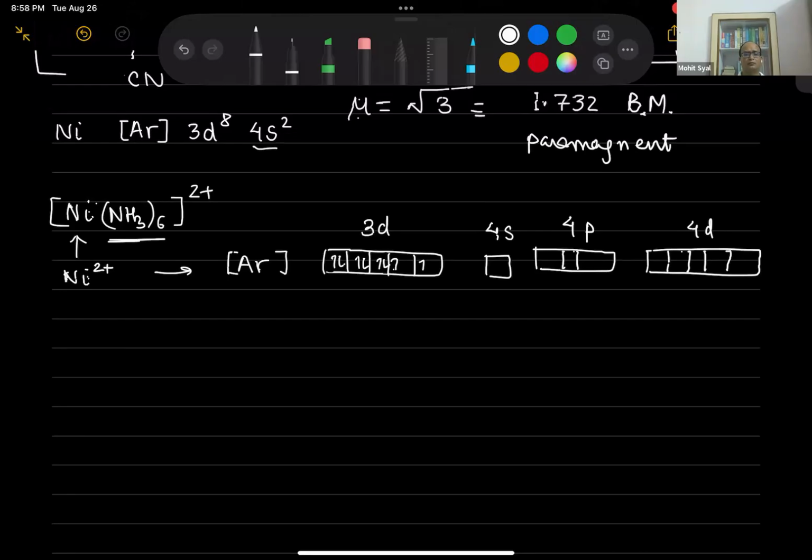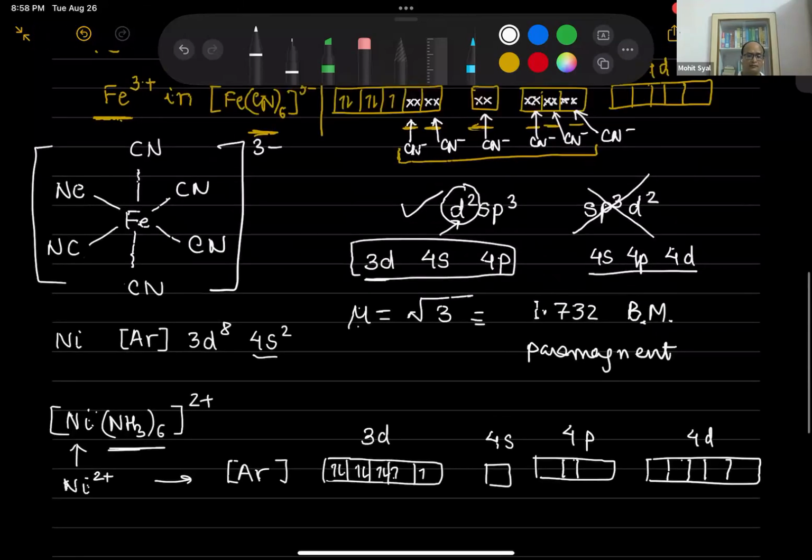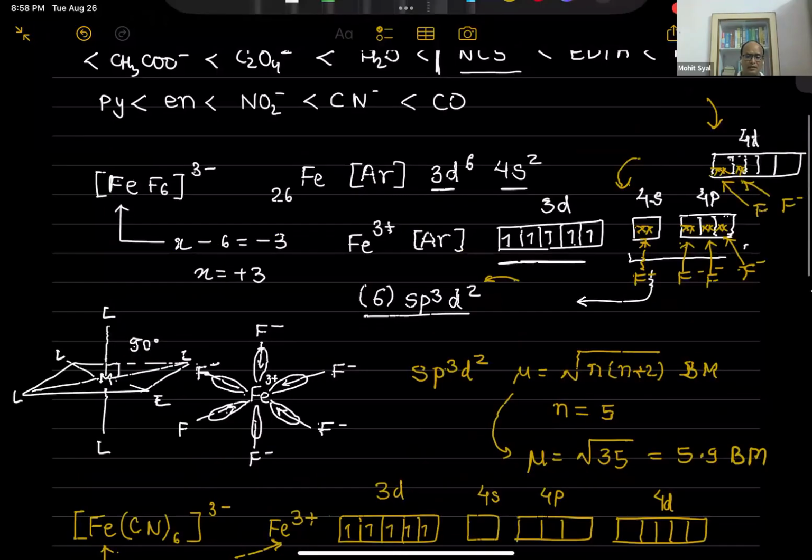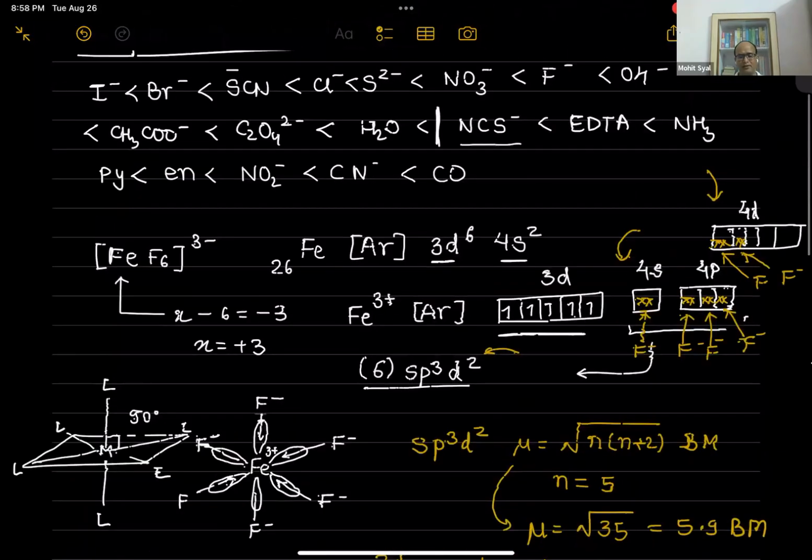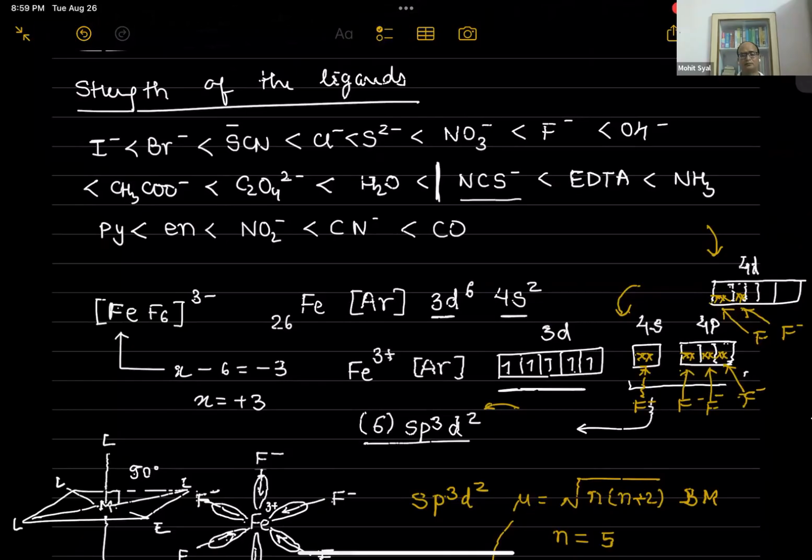Let's go back to the spectrochemical sequence. NH3 is strong or weak? Oh sorry, weak.